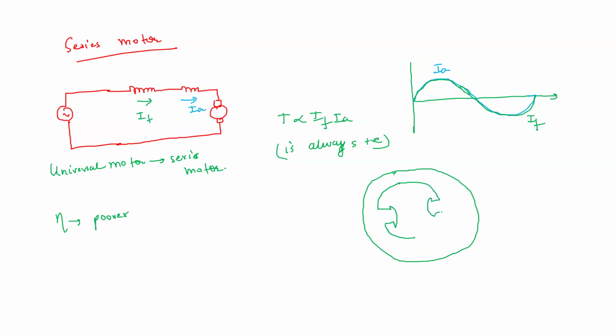Let us say this is your stator. We know that in the armature there is the armature winding. Now in the stator, previously we were giving it a DC supply so that the DC flux is generated.